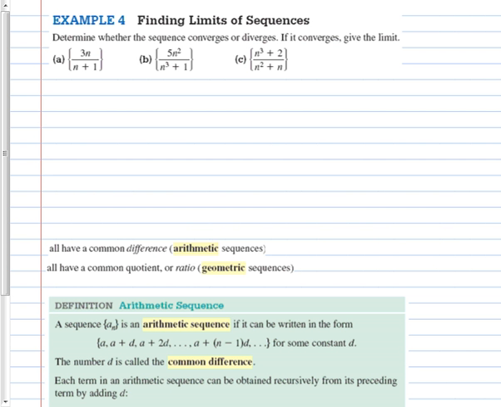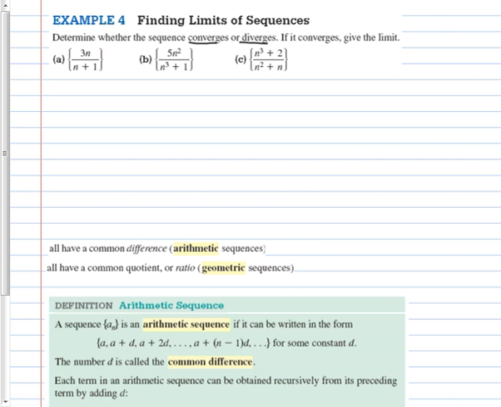Finding limits of sequences. Here they have given us a formula instead of a list of numbers, and they ask, is it going to converge or diverge? In the previous example, we were just using our understanding of numbers to figure out what's happening. Well, there's a way to do it that is related to graphing and horizontal asymptotes.